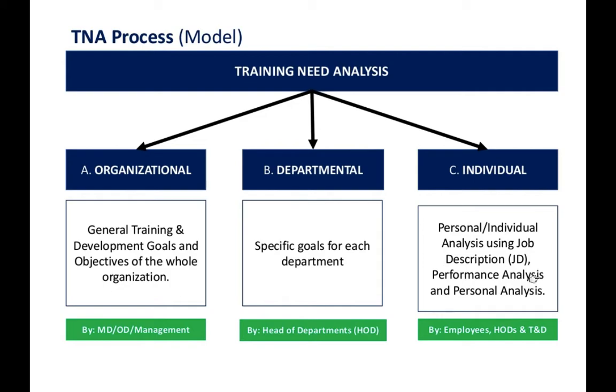And then one more form is the personal analysis. This is where the person himself, the employee himself, is the one assessing himself or herself of what the actual training needs are for him or for her to excel in the position that he or she is currently in.